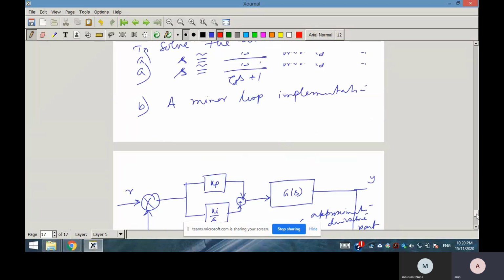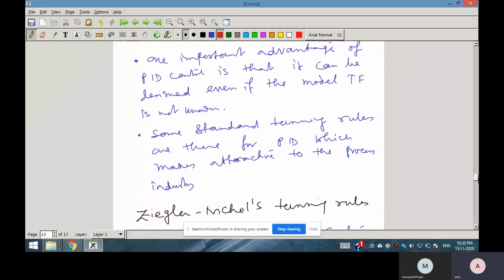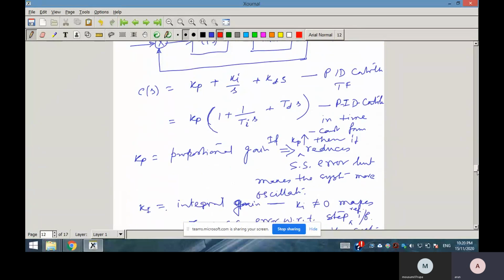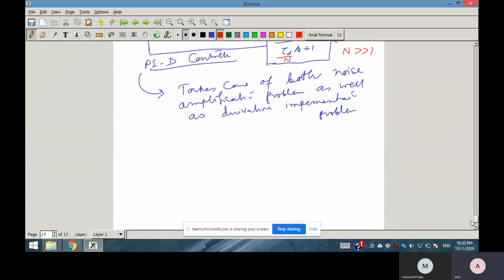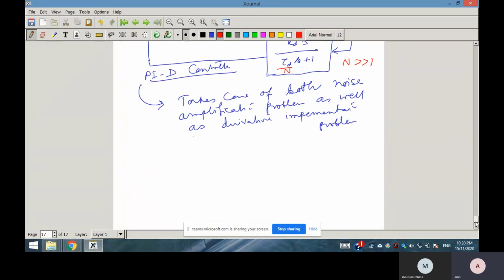One thing I want to say here is that the PID controller I have designed using the Ziegler-Nichols method. There are some other methods. In fact, pole placement control you can also apply for PID design.